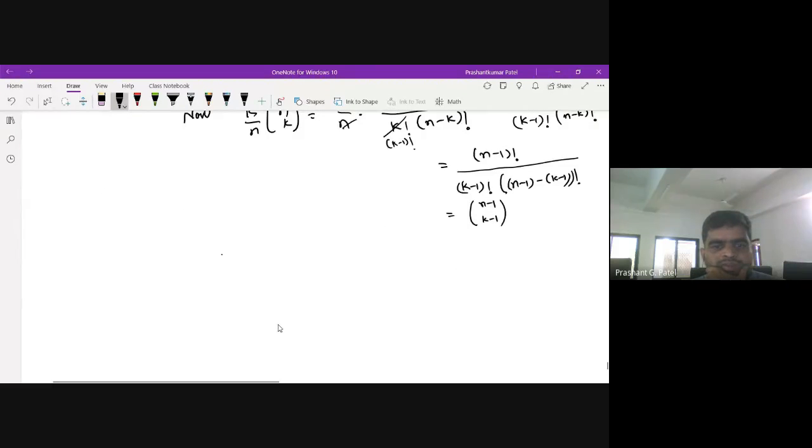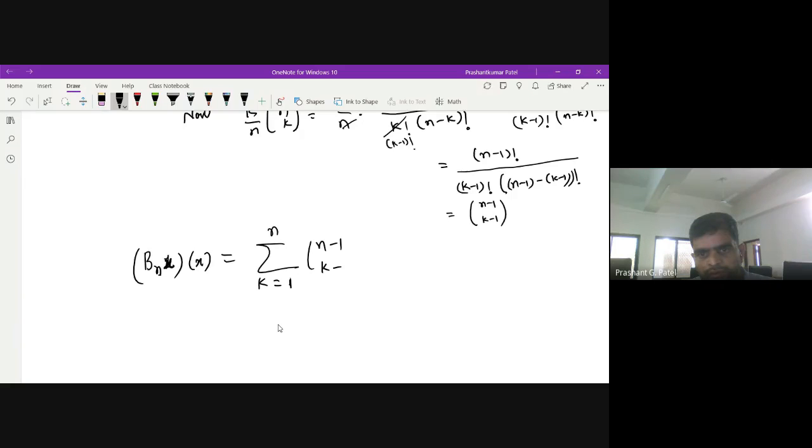So hence we get summation k running from, now n minus 1 C k minus 1 is not defined for negative numbers, and so it will start with k running from 1 to n. That is equal to Bn x at x, that is n minus 1 C k minus 1 x^k (1 minus x)^(n-k).